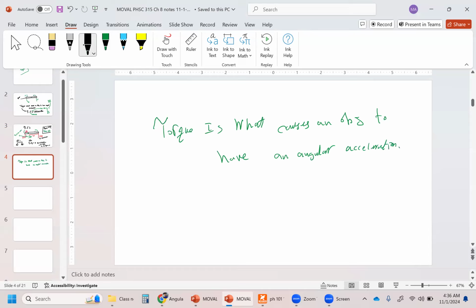Now, let's look at the word angular acceleration. Your angular acceleration, you're going to give it the letter alpha.